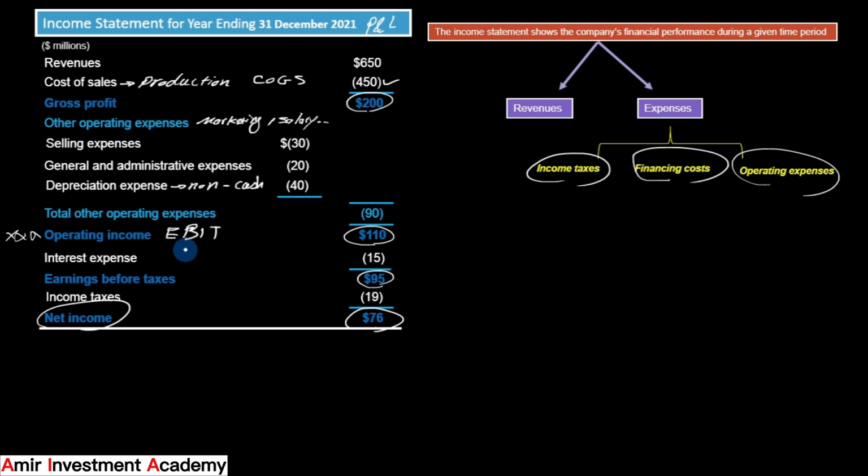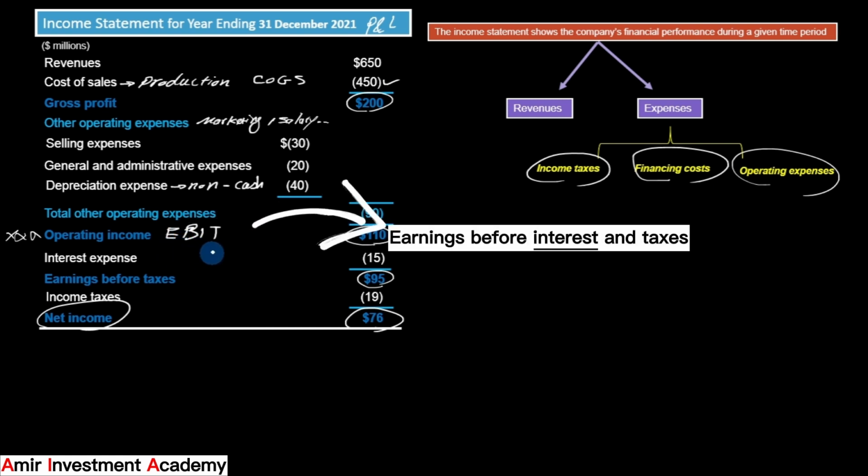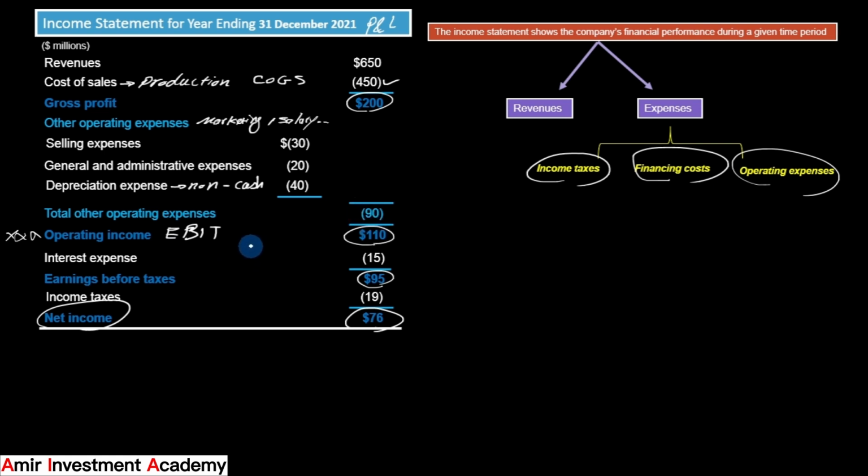That means earning before interest and tax, right? Now, the reason we are emphasizing this part a lot is that, if you want to judge the management of a company, from here onwards, these are the parts that the management has direct control over.